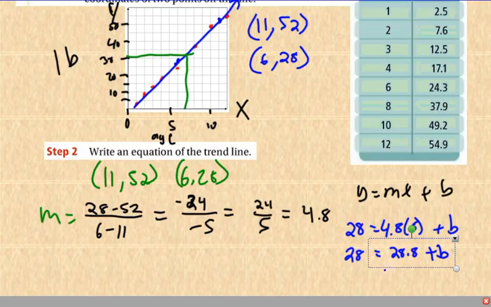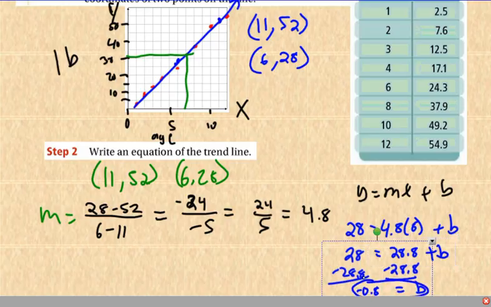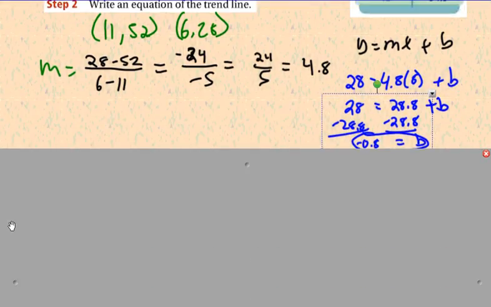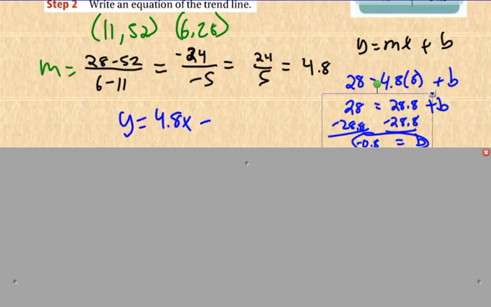And then when you solve for it, you subtract 28.8 from both sides. And you're actually getting b is equal to negative 0.8. So if we wanted to make that into an equation, we'd have y equals 4.8x plus negative 0.8. That's our equation of this line.